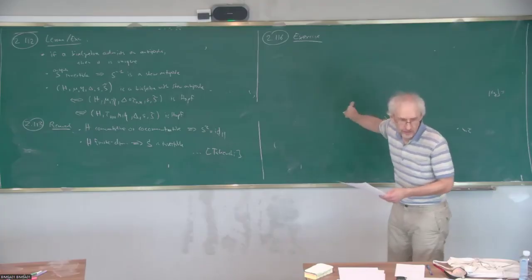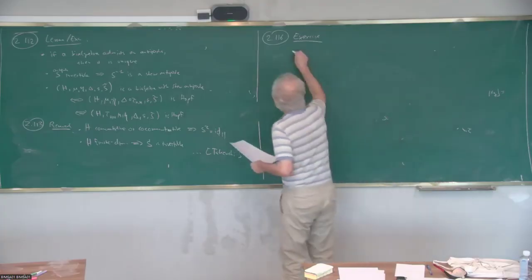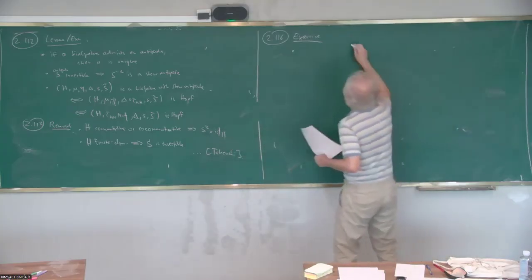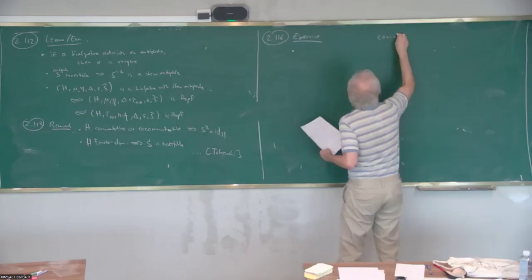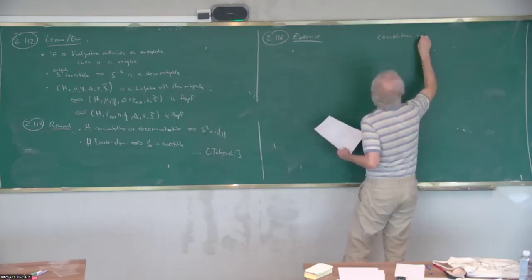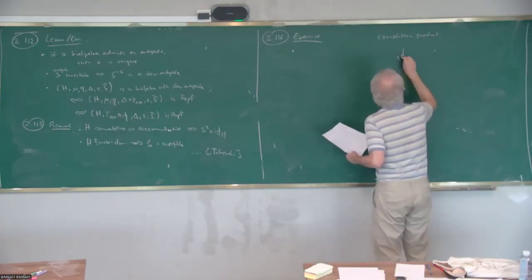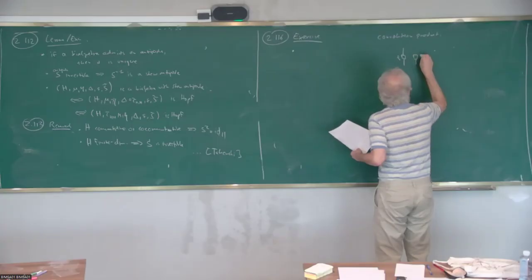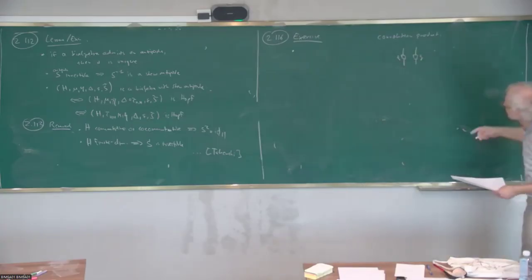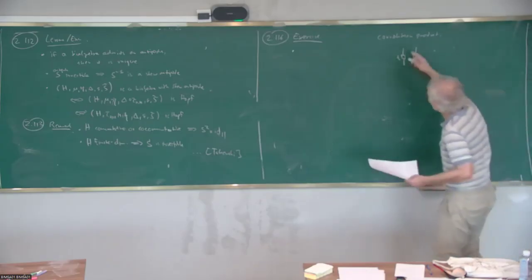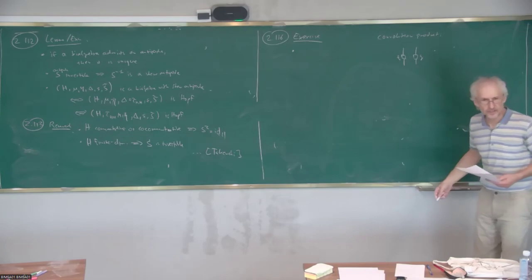Recall or look up what this convolution product precisely is. Maybe I write convolution product of F and G, say linear maps from A to B, where A is a co-algebra and B an algebra.